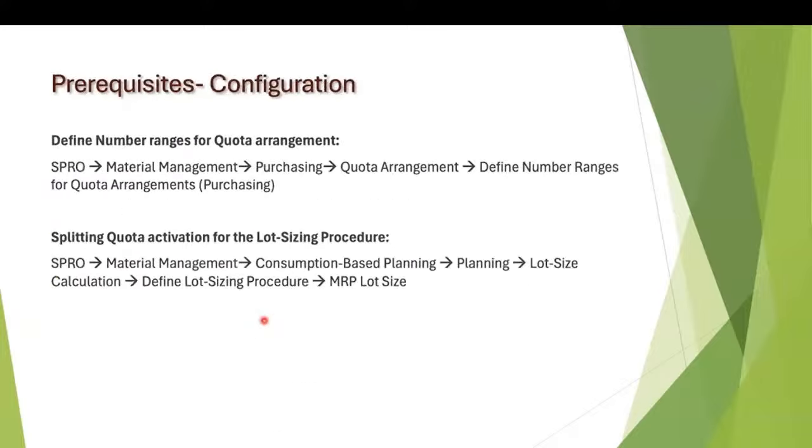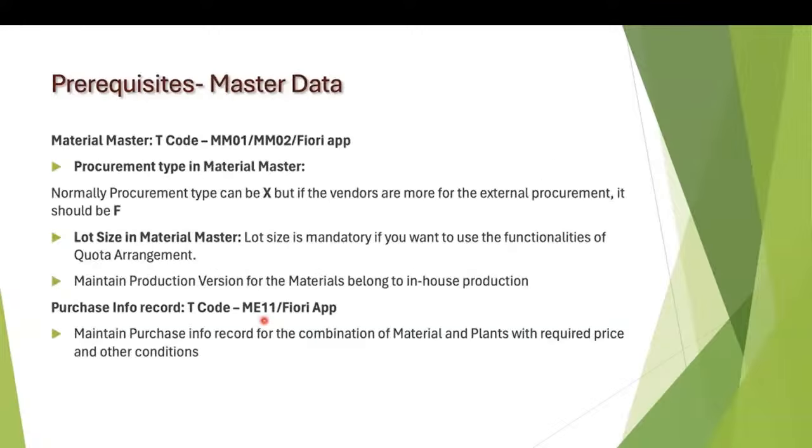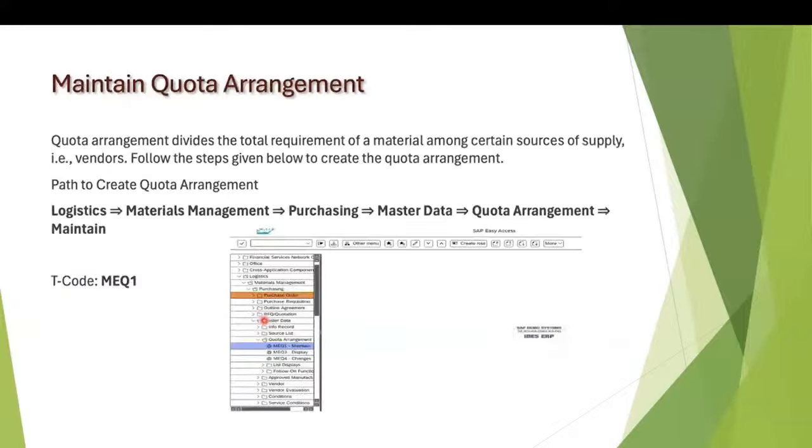So configuration-wise, just number ranges and the lot sizing procedure where you activate the splitting quota. In the material master, procurement type and lot size need to be given, and the info record needs to be maintained. Now we can maintain the quota arrangement. The transaction code is MEQ1, and I'm going to show you directly in the system how to maintain the quota arrangement.